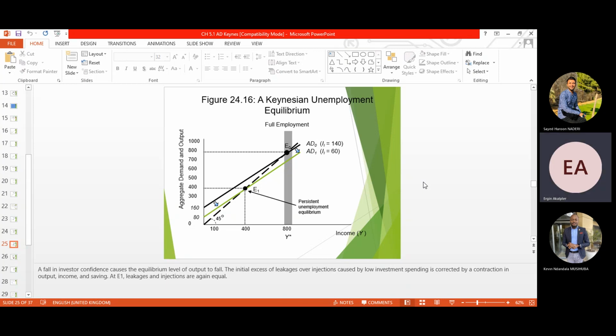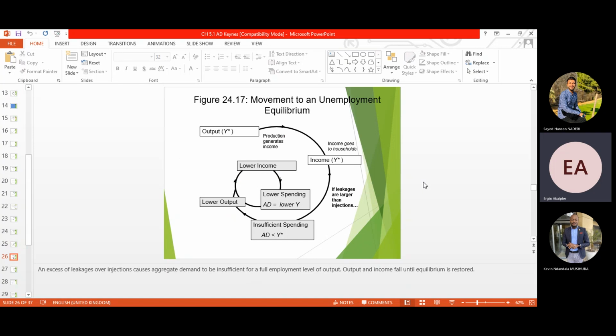As you are observing, at the intersection of E1 there is an unemployment equilibrium. When we go to the output, the production generates some income again. The income goes to households, and it goes like this.